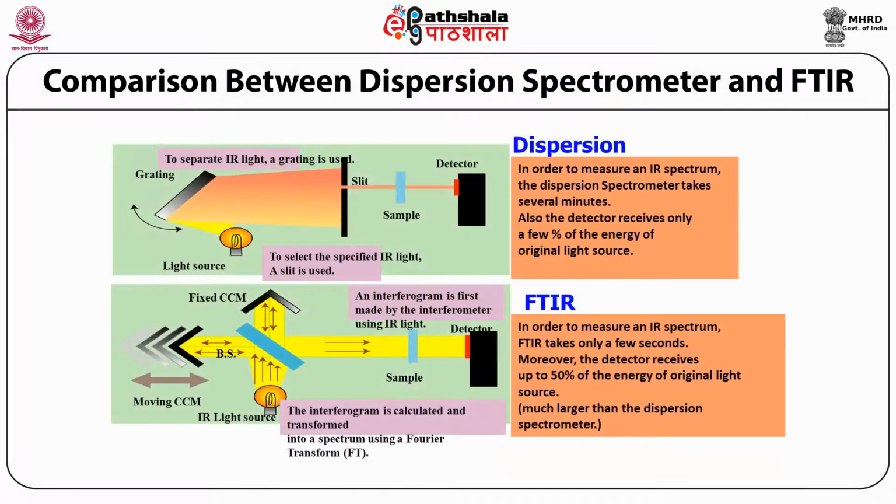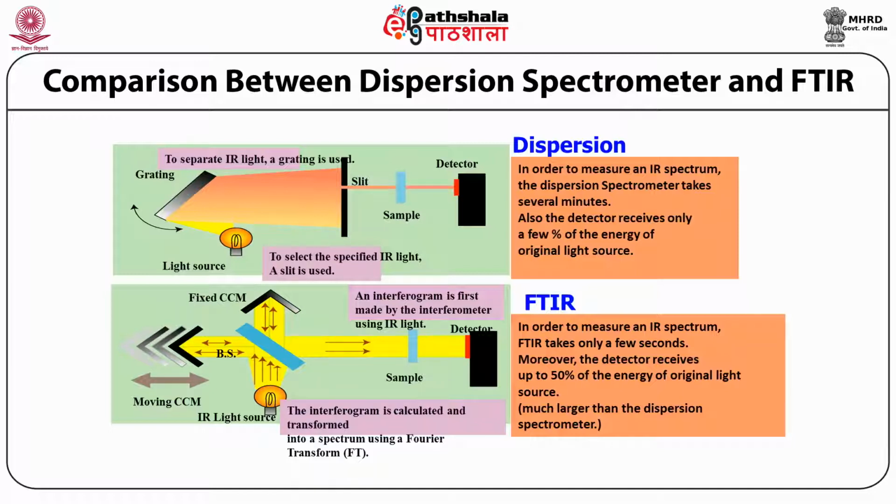A comparison between the dispersion spectrometer and the FTIR spectrometer is shown here. You can see in the figure that separate IR light and grating are used in the dispersive IR. In order to measure the IR spectrum, the dispersion spectrometer takes several minutes. Also, the detector receives only a few percent of the energy of the original light source.